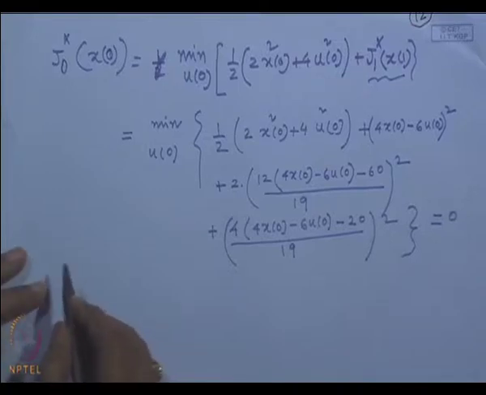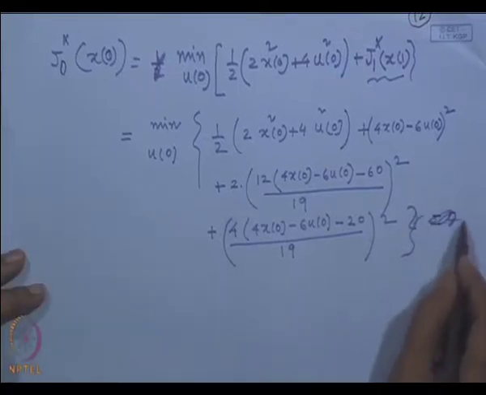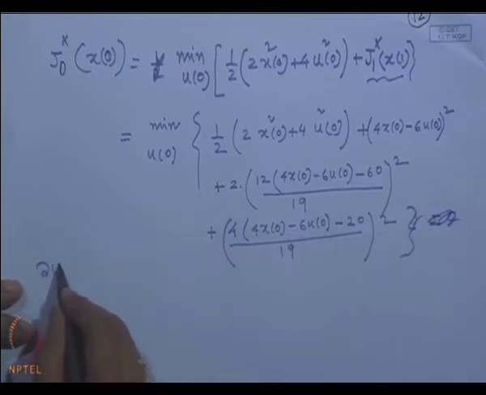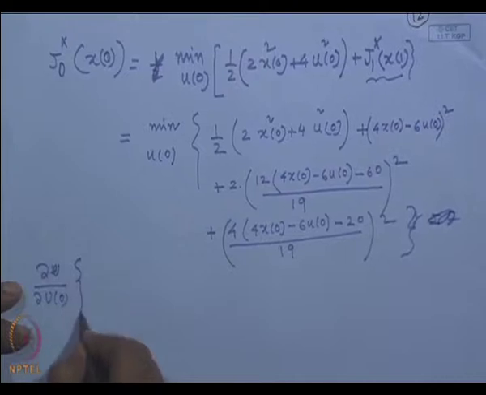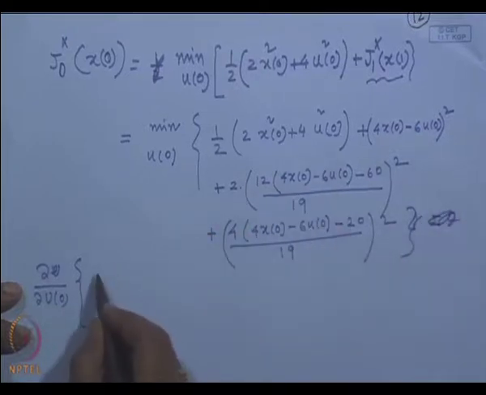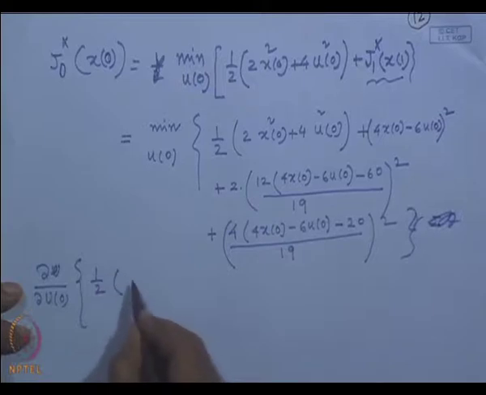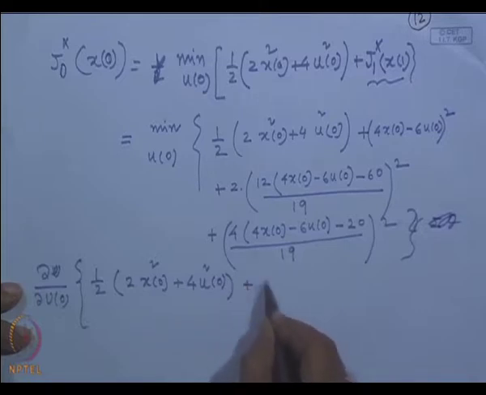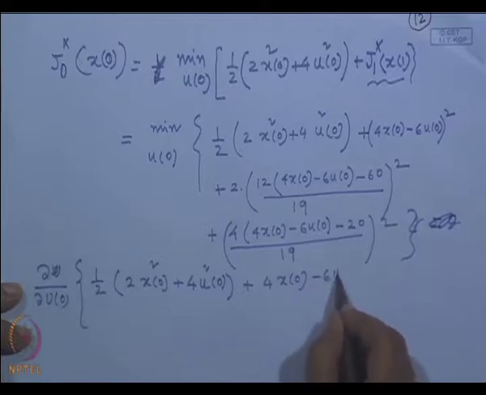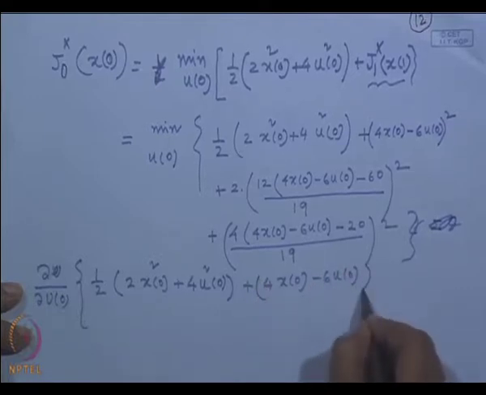So, we have to write here, this 0 we will write it here. So, del j divided by del u of 0, this whole expression, that half twice x 0 square plus 4 u square 0 bracket close, plus 4 x of 0 minus 6 u of 0 whole square.